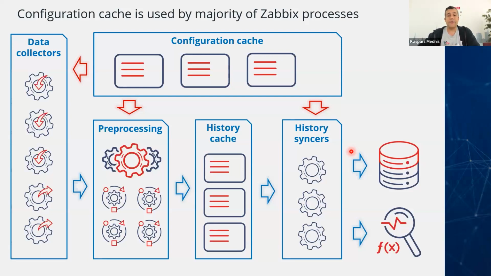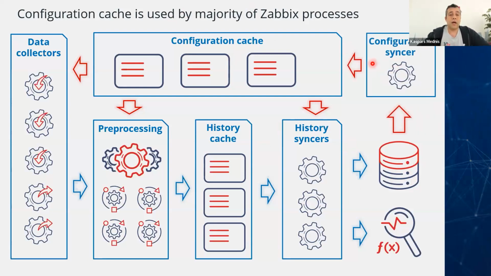Then there is one more process missing on this slide: the link between the database and the config cache. And it's here. You have a process which we call the configuration syncer, the process which reads config updates from the database and writes them into the cache.